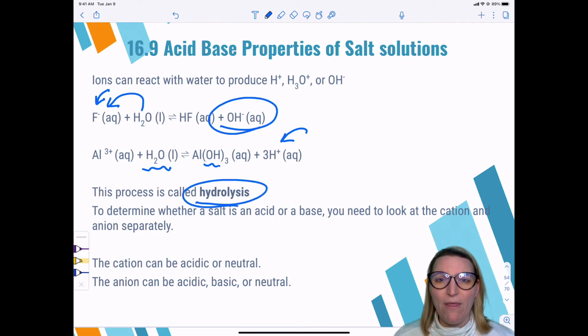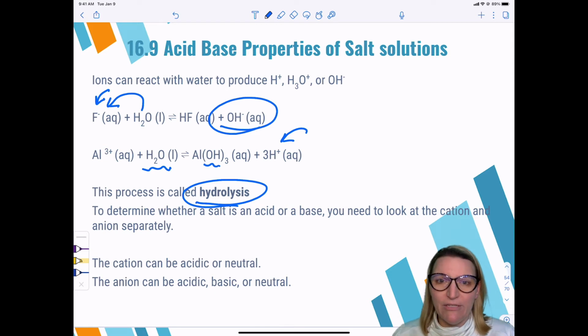And if you think of what that word means, lysis means breaking. So hydrolysis literally means breaking up water. These particular ions have a property where they will react with water and pull off a piece of the water and therefore make the solution either more acidic or more basic.